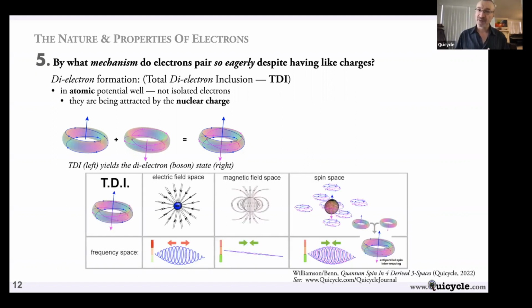So in order to break this down a little bit more, we have separated the different components of the electrons into electric field, magnetic field, and spin in order to look at those interactions individually from the point of view of which ones are going to increase energy through constructive interference and which ones will decrease energy by destructive interference. The row of diagrams along the bottom we call frequency space.